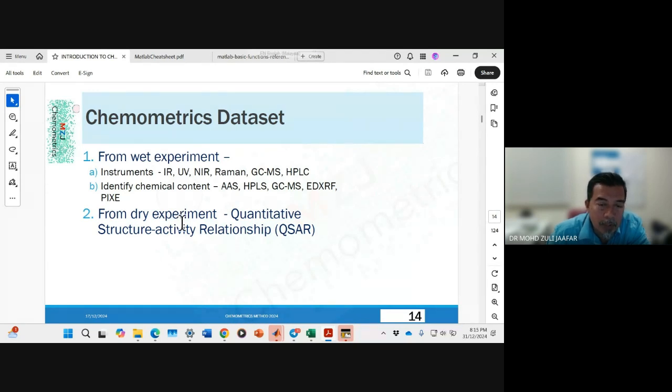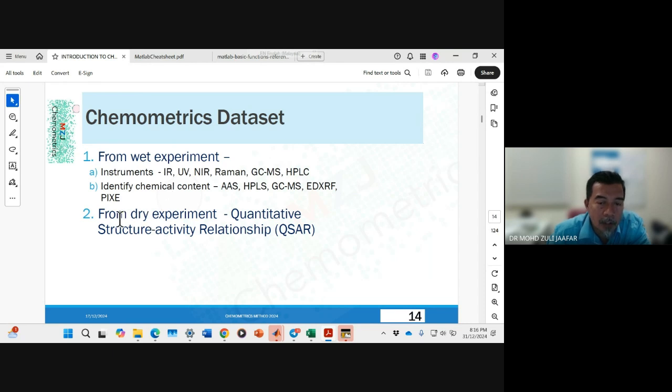For example, you can run an experiment to detect bioactivity, for example hypertension or anti-depression activity. So you run an experiment to identify which compound helps to eliminate or reduce depression. Okay, you have the data: this particular chemical compound has anti-depression property, this value, that value, this value, for example.